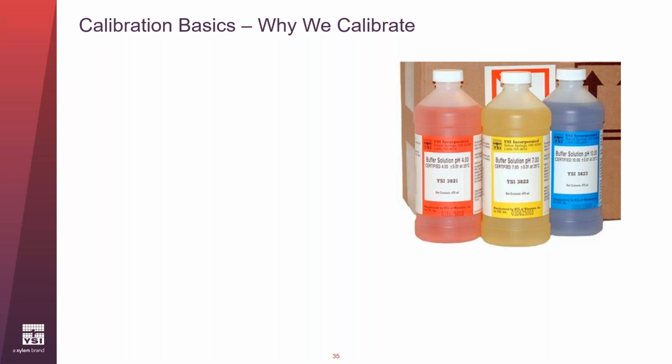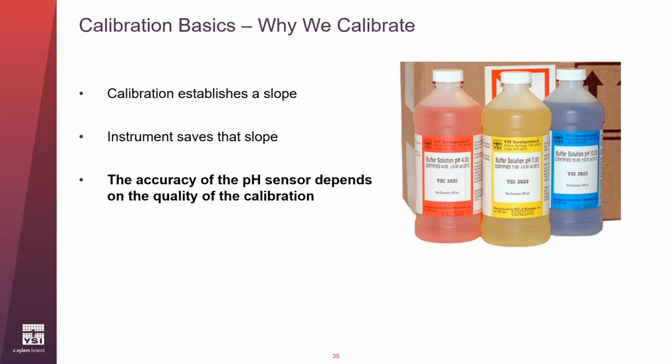All right, calibration basics. Why we calibrate. Every probe is different, so we must calibrate in order to establish the correct slope of the probe. The instrument will then save these established calibrations and use them to give us a pH value. The accuracy of the pH probe depends completely on the quality of the calibration.